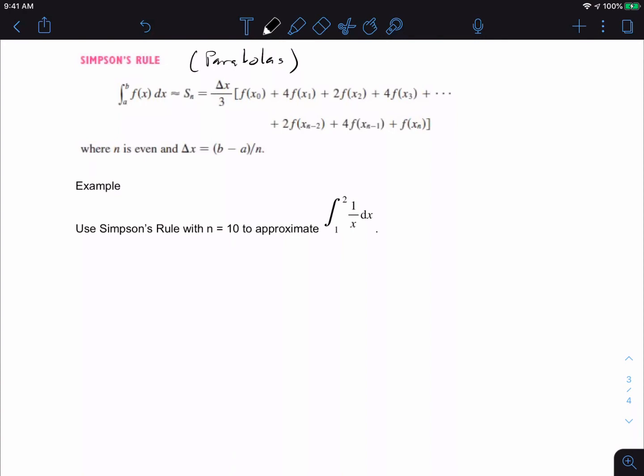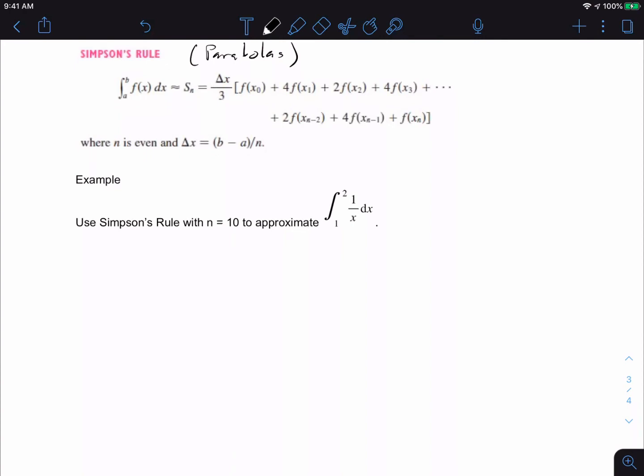Now, let me go ahead and do this example for you guys so you can see this. It should be pretty cool. The first thing that we should do with this problem is find our delta x. One important thing, this is critical to remember: if you're going to use Simpson's rule, your n must be even.